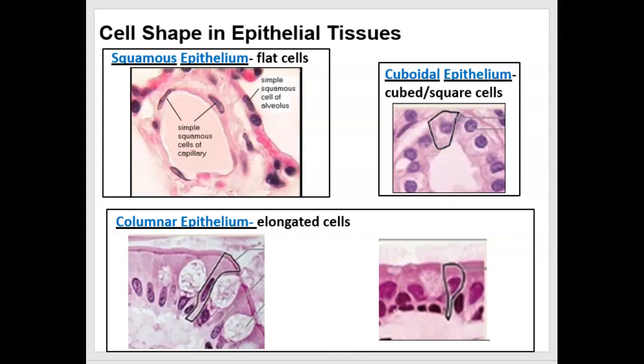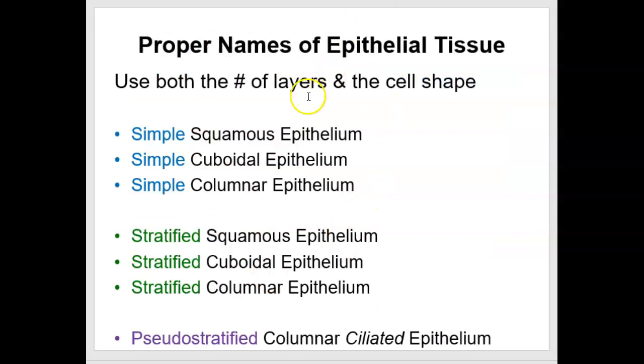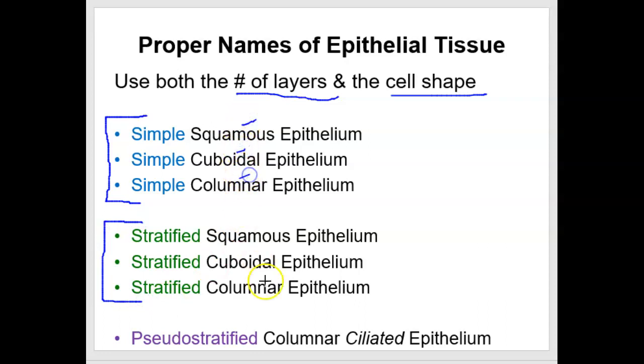So when we name epithelial tissues, we're going to take into consideration those two factors, the number of layers and the cell shape. So you have a bunch of simple epithelium and a bunch of stratified epithelium with variable cell shapes, squamous, cuboidal, and columnar.